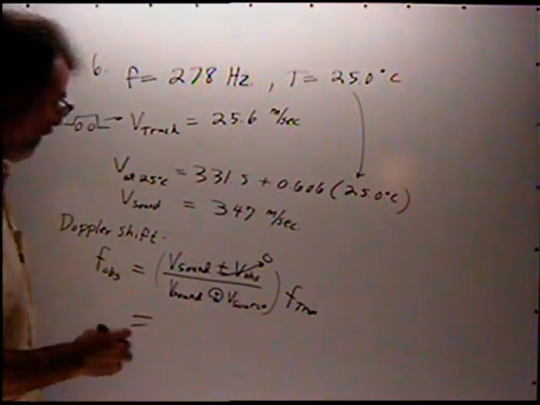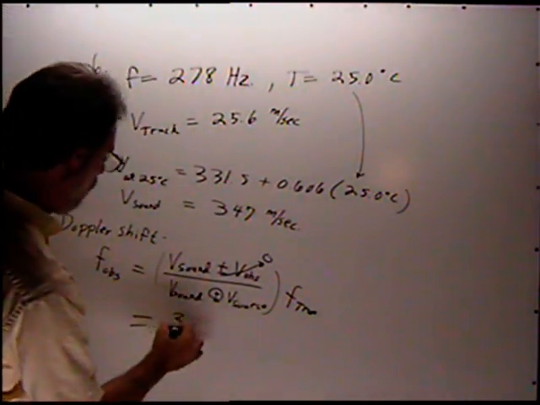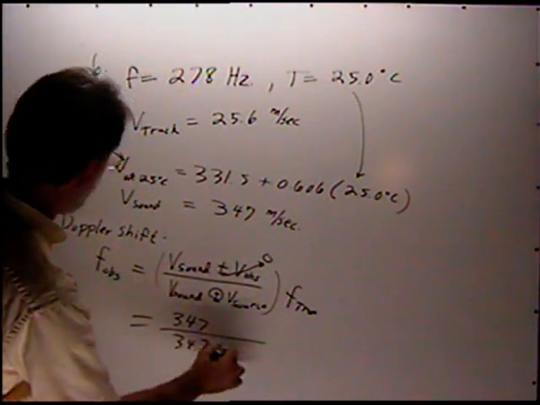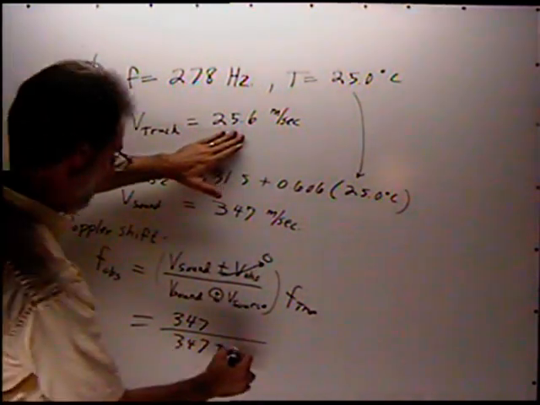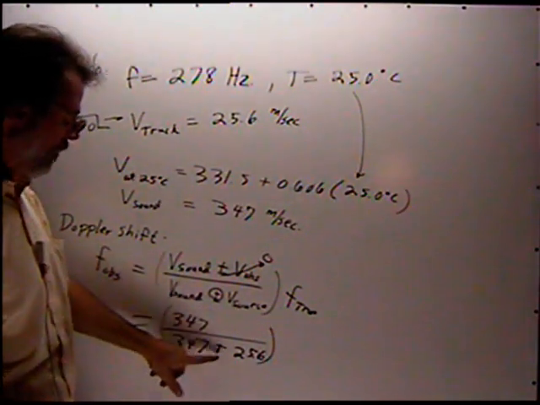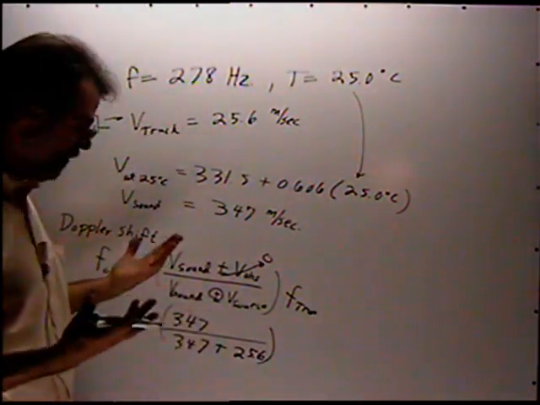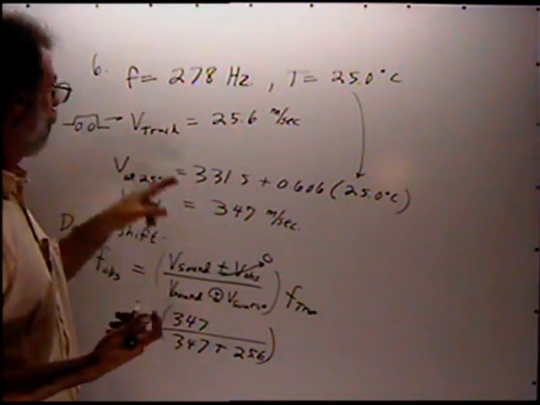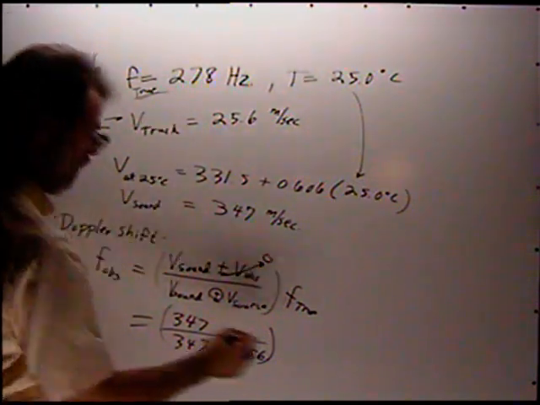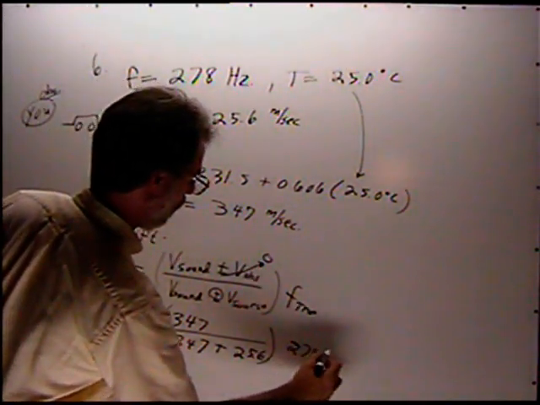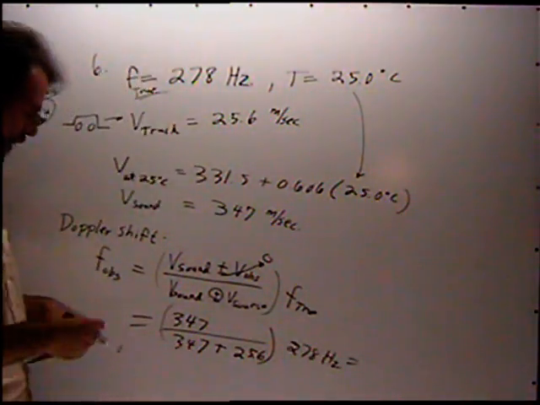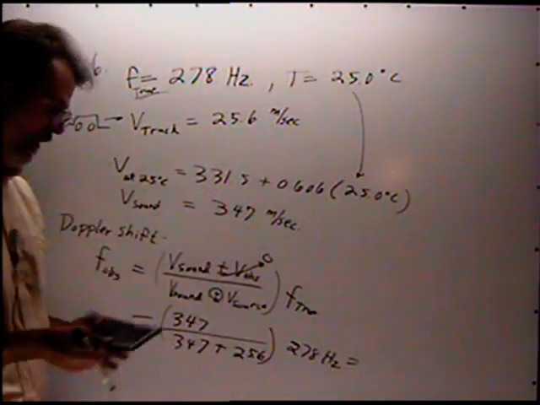Can you see way down here? I think so. It would be 347 divided by 347 plus 25.6. Notice both the numerator and denominator are in meters per second. Notice the units cancel out, which they should. And F true, the sound of the flute, is 278 hertz. So really it's just a ratio times 278.